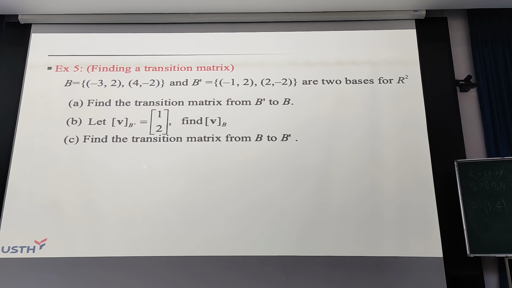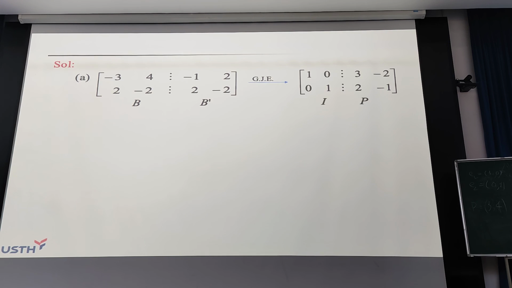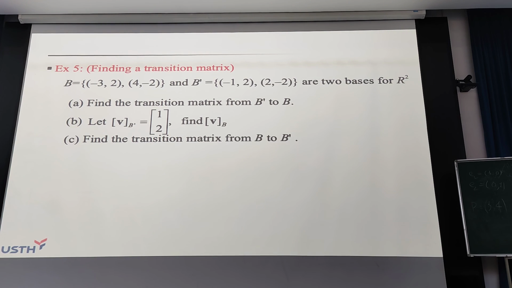You also need to find the transition matrix from B to B prime. The first one, you need to find the transition matrix from B prime to B and then from B to B prime. And we know already that the first one and the last one are inverses of each other.